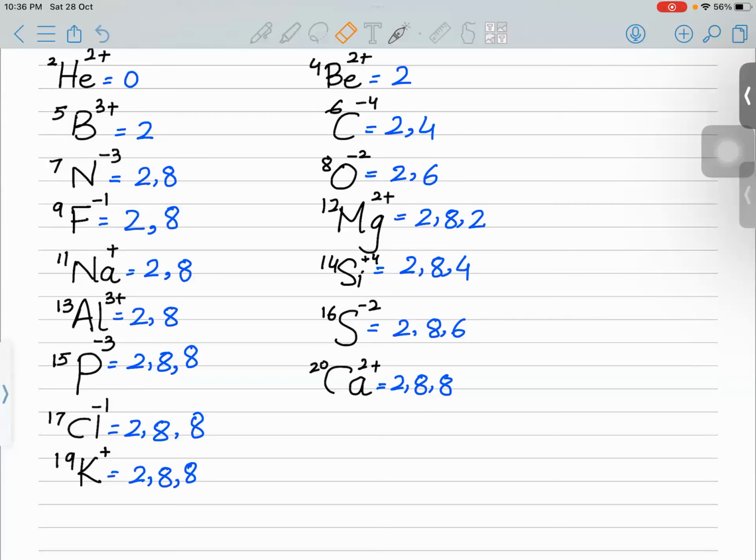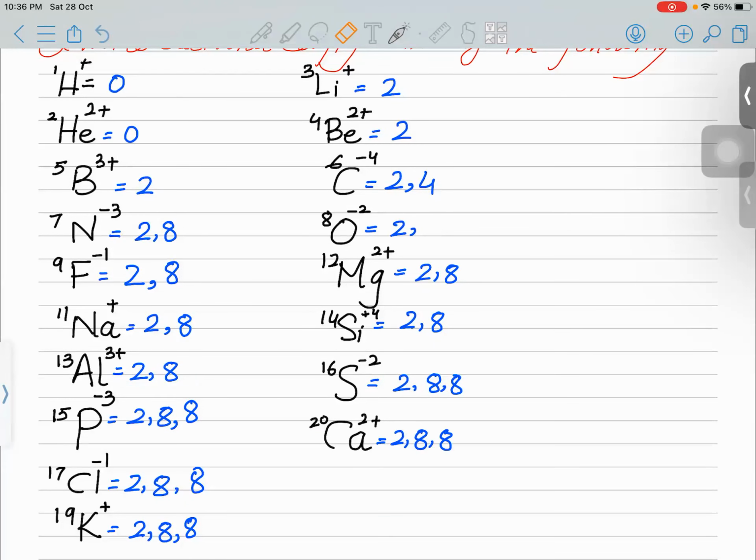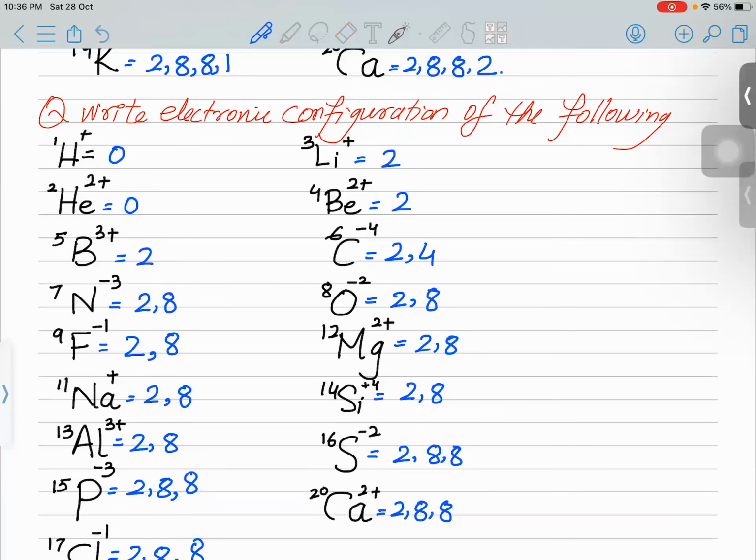And sulfur? 2,8,8. Very good. Silicon? 2,8. Magnesium? 2,8. Oxygen? 2,8. Carbon? 2,8.